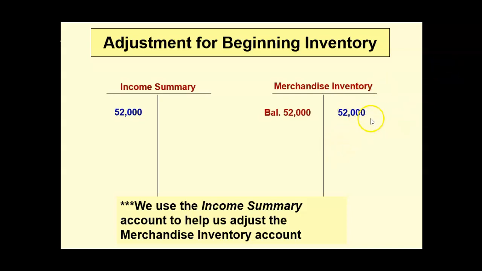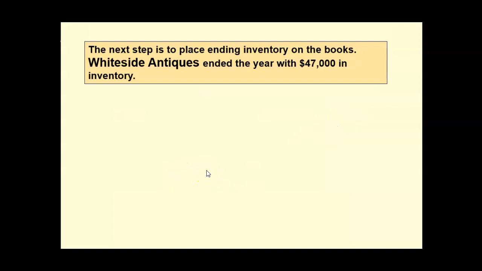But of course, if we credit one account, there must be an offset debit, and we're going to debit income summary for $52,000. So the first step is to remove from the inventory account the beginning inventory balance. That's done by debiting income summary and by crediting the merchandise inventory account.